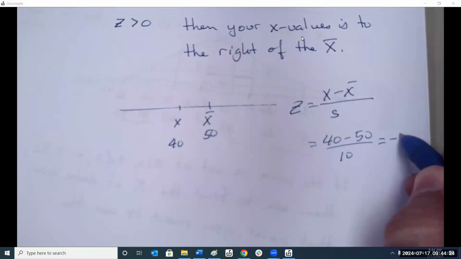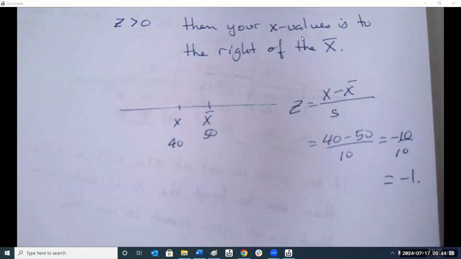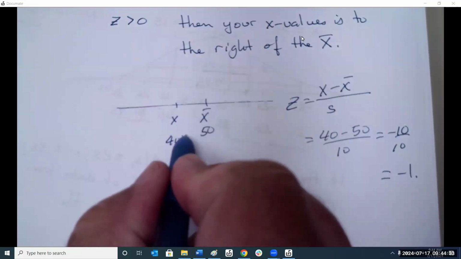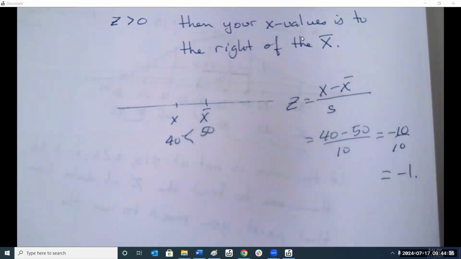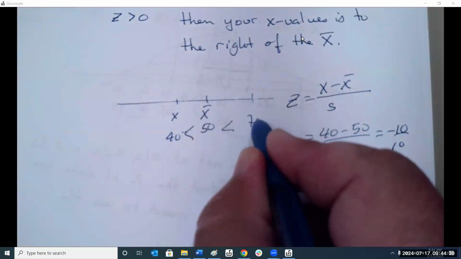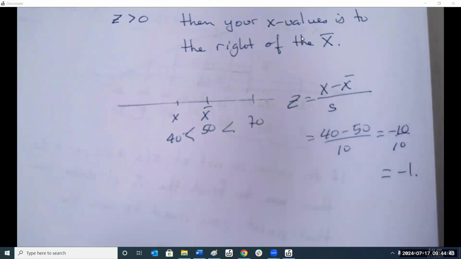So of course, it's going to give us a negative number. Because it's to the left. The value we're looking at is less than the mean. If it's greater than the mean, 70 minus 50 is going to stay positive. The deviation can never be negative.